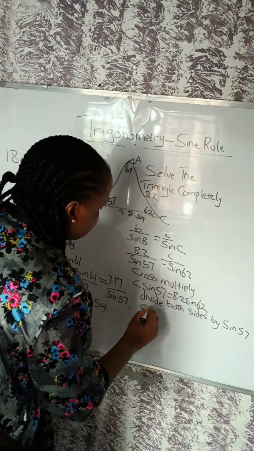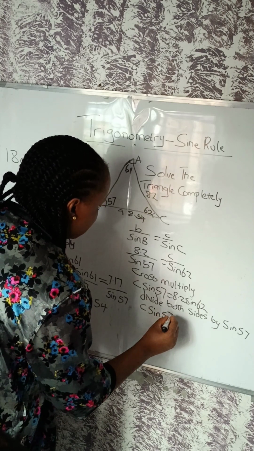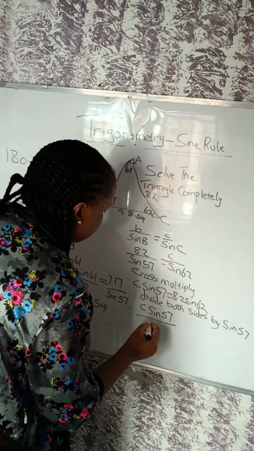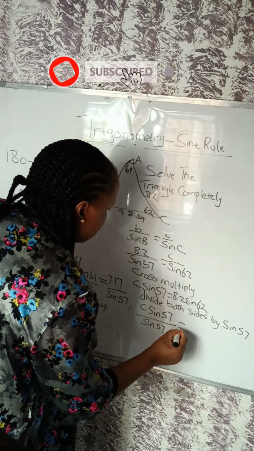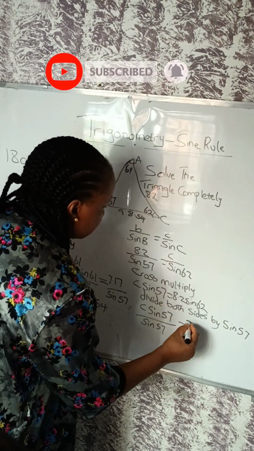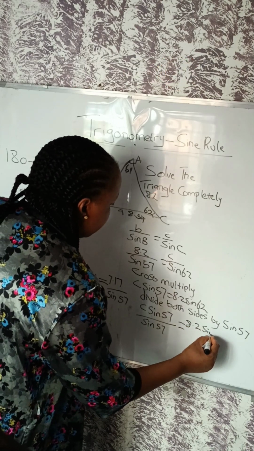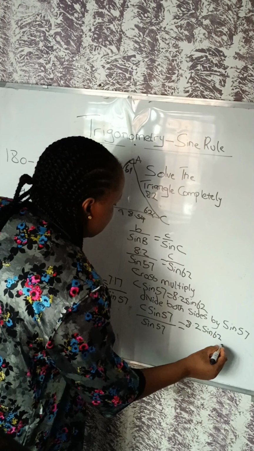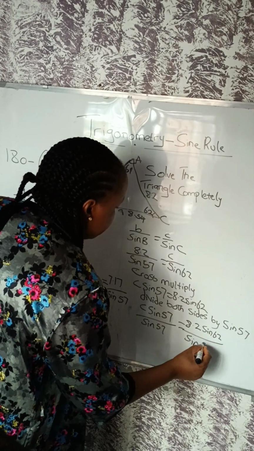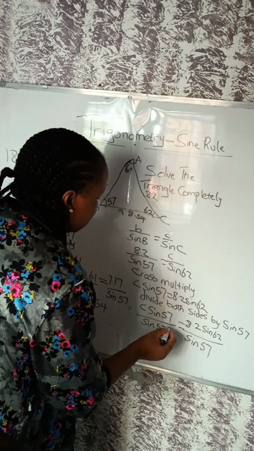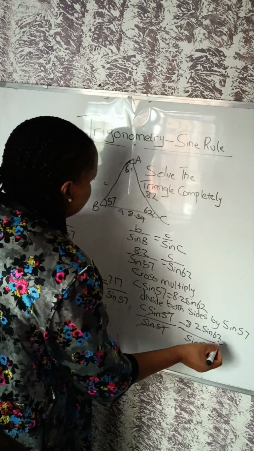It means c sine 57 divided by sine 57 equal to 8.2 sine 62 divided by sine 57. So when you cancel it out, you have this: 8.2 times sine 62.